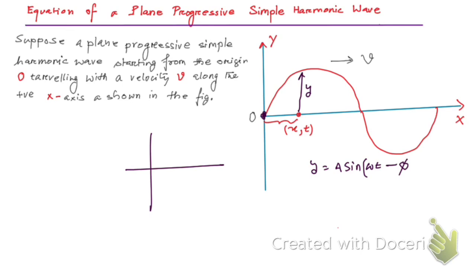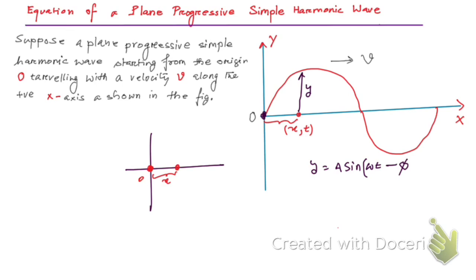At the time the wave starts being produced, the origin of the wave is this point O. Let me consider another particle at position x.